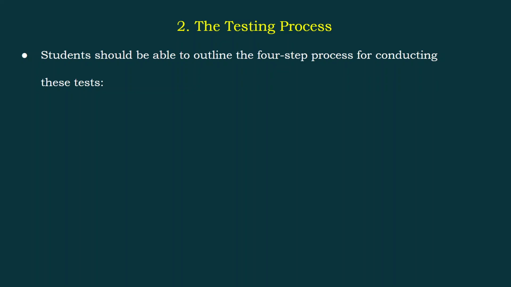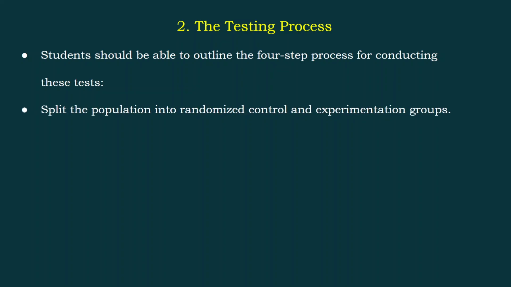In order to do the testing process, the student should be able to outline the following four steps in conducting these tests. First, split the population into randomized control and experimentation groups. So the model and data are of higher dimension.